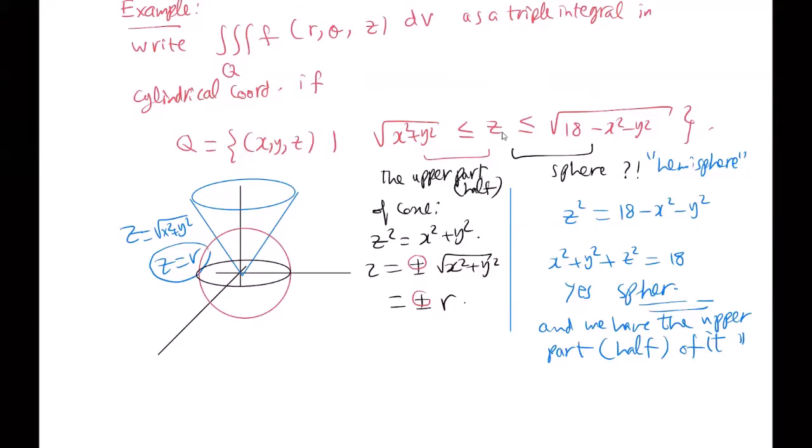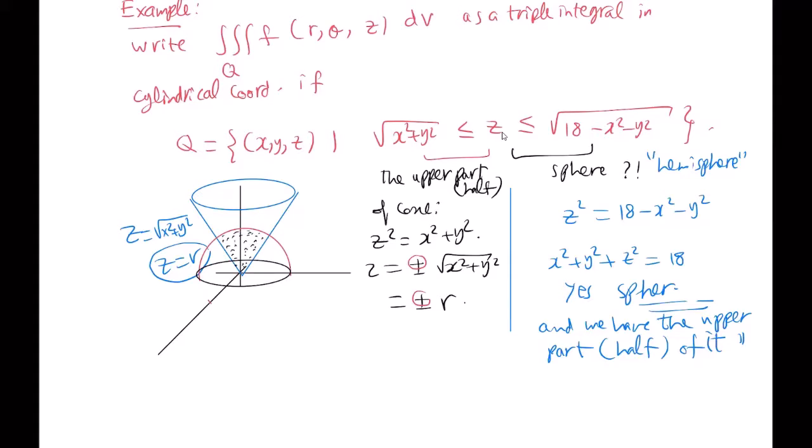I'll omit this part. We don't need this; it is not included. Yes, exactly, the part bounded by the sphere. This is the thing. This is the upside down part of the cone inside this sphere.